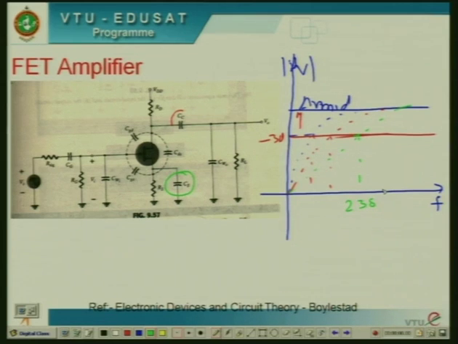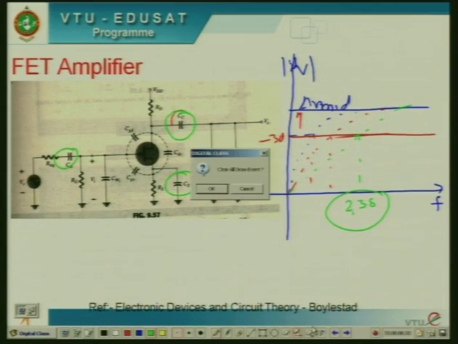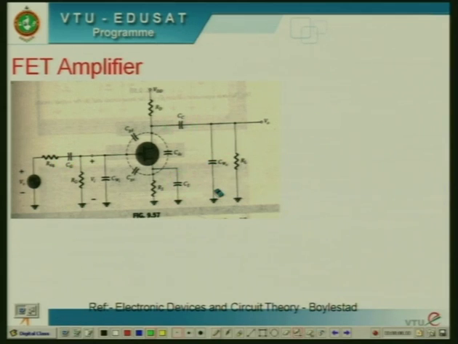When you plot this, it is nothing but a Bode plot. To select one of the frequency components, you have to choose the highest cutoff frequency of all the three. Therefore, you ignore the effect of CC and CG. You choose only the highest cutoff frequency, which is 238. And similarly, we need to calculate the upper cutoff frequencies.